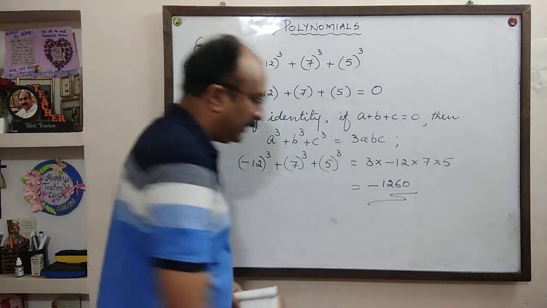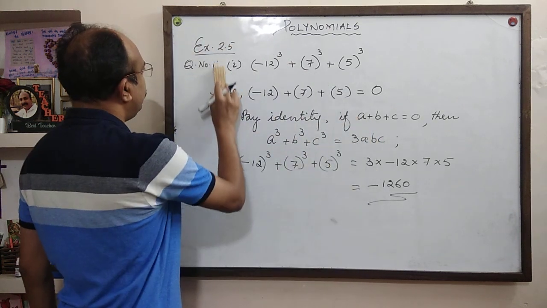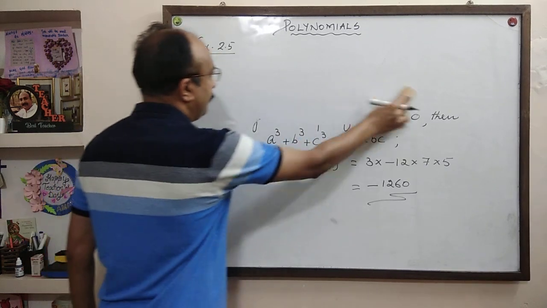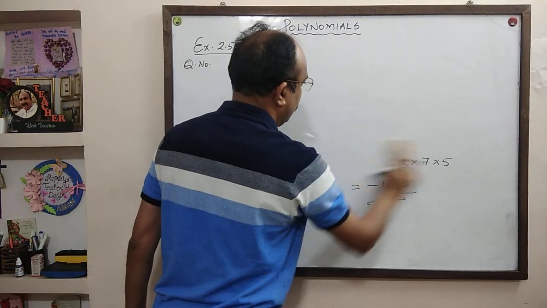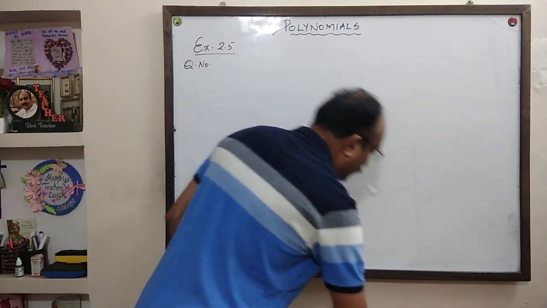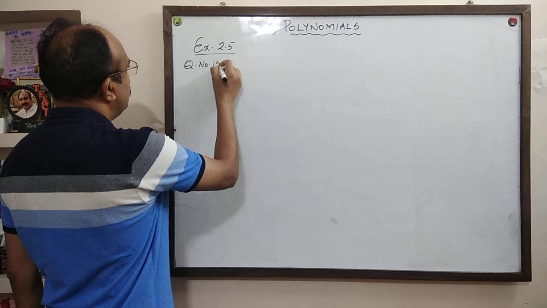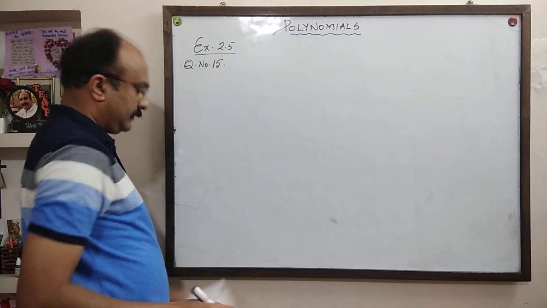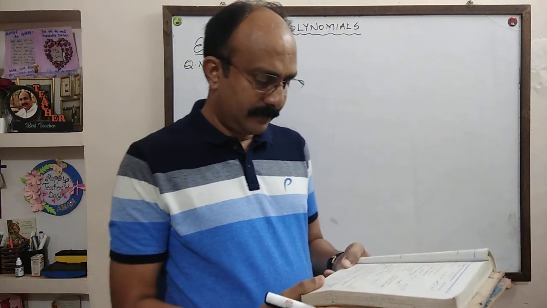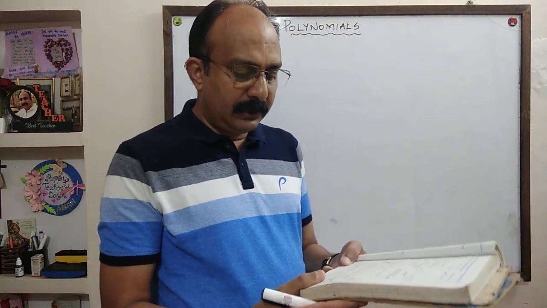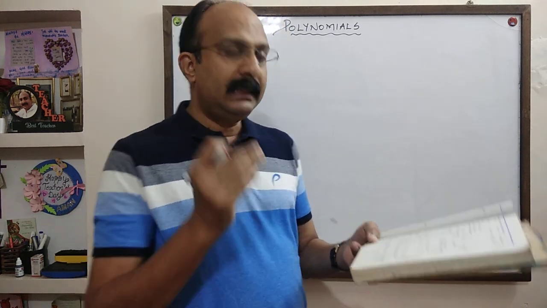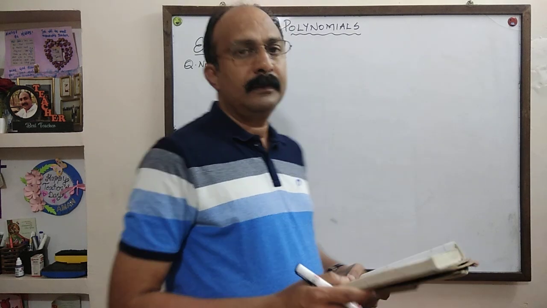Now question number 15. Give possible expressions for the length and breadth of each of the following rectangles in which their areas are given.